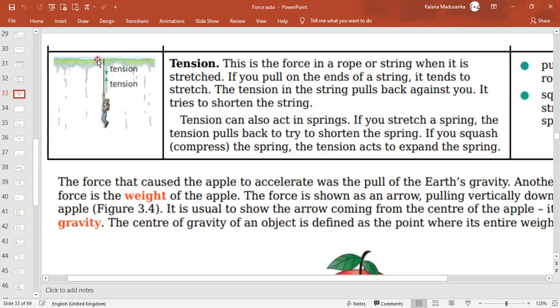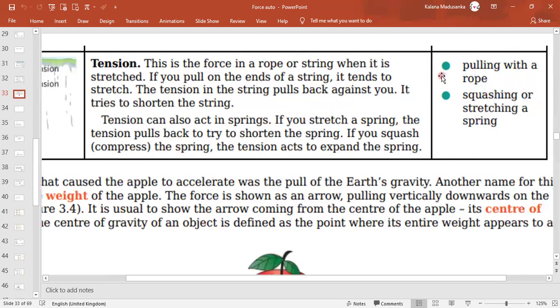And wherever the string or rope is attached at the top, the string is also pulling that object as well. Let's say there's a wood column. That wood column is pulled back by this string. So that is why the tension comes in this direction. So remember, in a string or rope, there are always two tensions meeting each other.